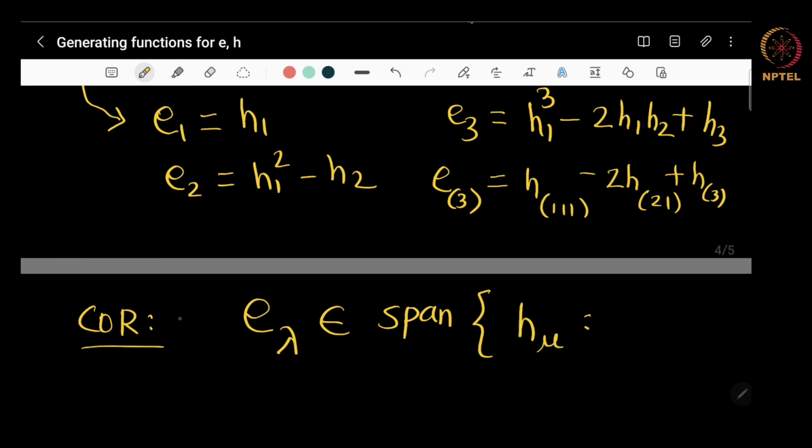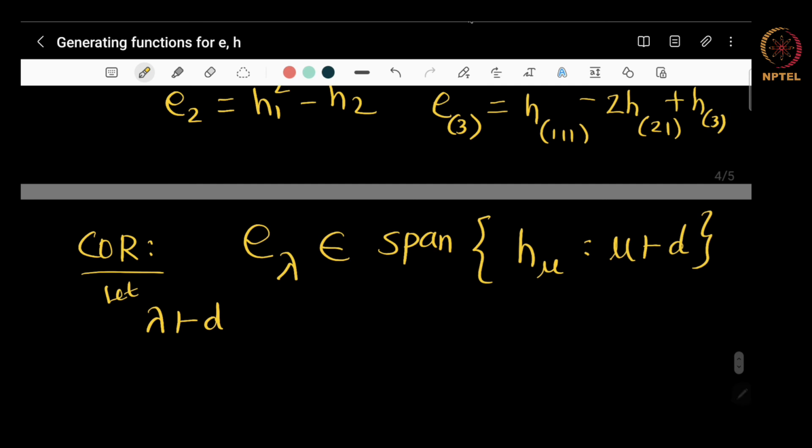Let's fix a partition lambda of d. If you see what partitions you get on the other side, they are also all partitions of d. You first check it for e_n and see that the h's that you get are all partitions of n, and then the same thing works when you multiply things out. So what this shows is that the e_lambdas in general are in the spans of the h_mu's. And what does that imply?